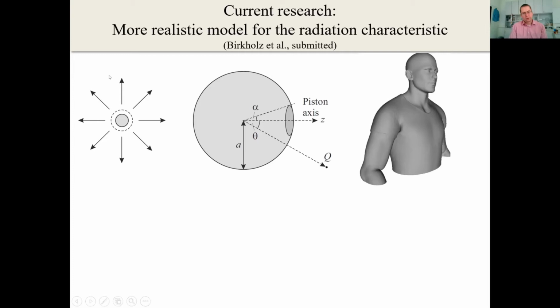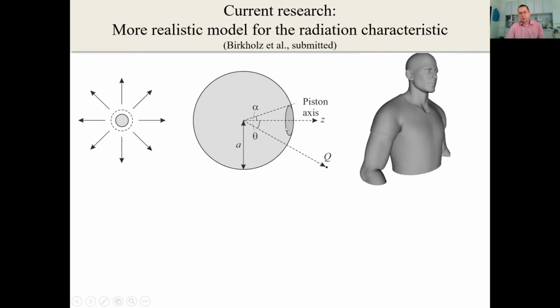Essentially this transfer function is a first-order high-pass filter, with a rise of 6 decibels per octave. And that corresponds to the first derivative in the time domain of the generated volume velocity. So it's very easy to compute. A more realistic model that was often proposed, but has not really been implemented in any of the simulations that I know, is the model of a pulsating piston in a sphere.